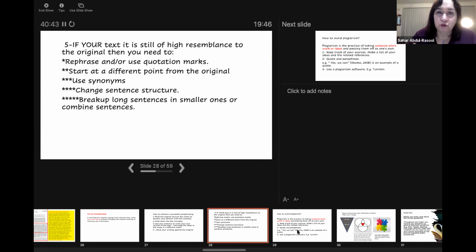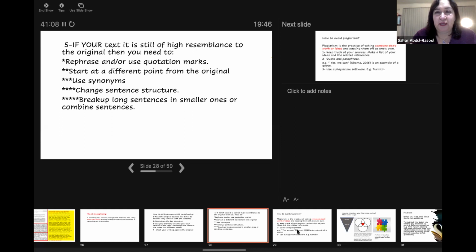But you cannot use that too much. You cannot quote too many times in a paper. It's not very nice. You can use a quote once or twice. You use synonyms, so you use words that have the same meaning. You change the sentence structure.